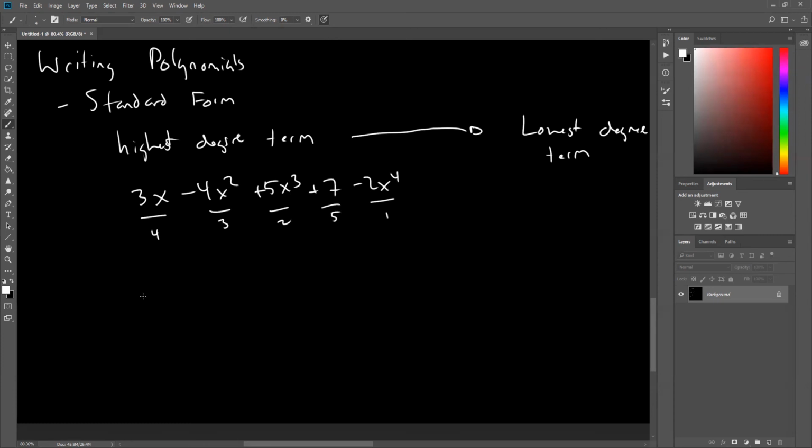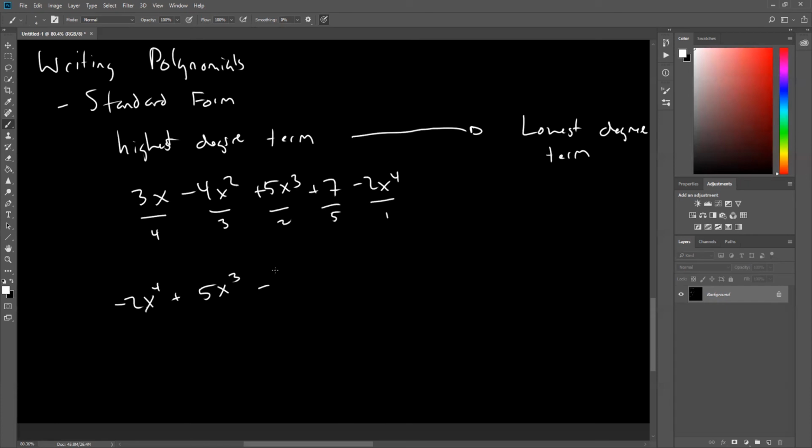This is the order we write it in. So negative 2x to the fourth. Remember to carry the negative. Plus 3x minus 4x squared plus 5x to the third plus 7. Wait, hold on, I didn't do that in the right order. I accidentally went opposite. So we go 1, then 2, then 3, then 4, then 5. So it goes 5x to the third. This was supposed to be a 4.